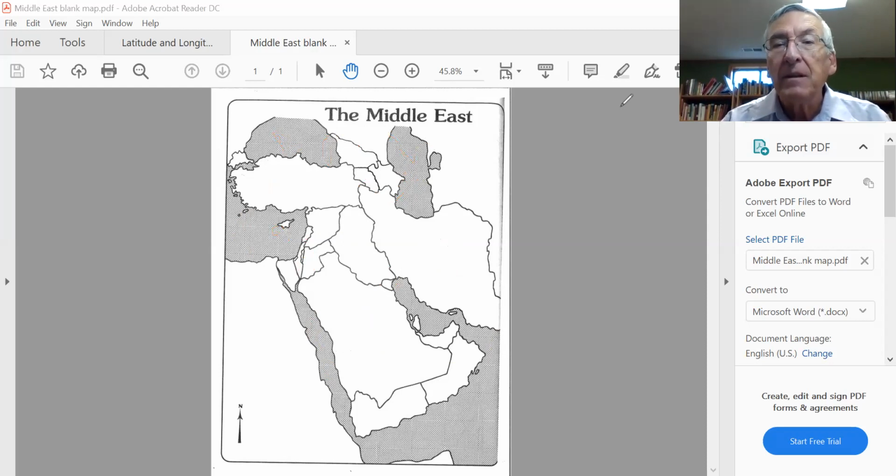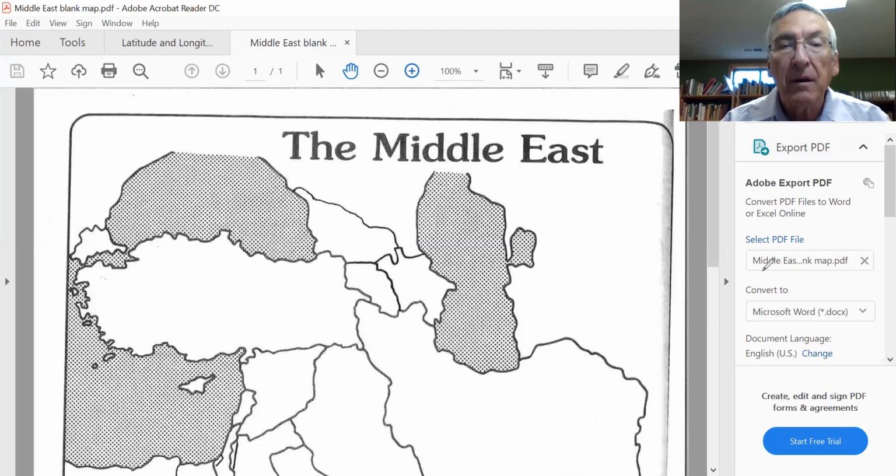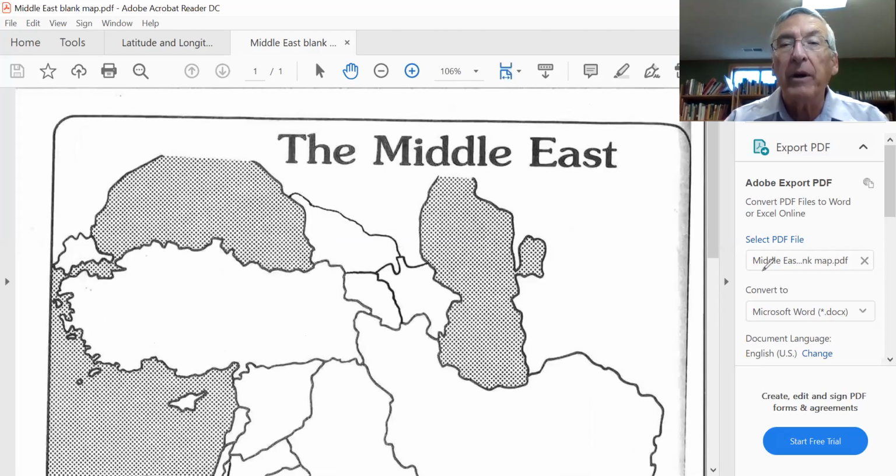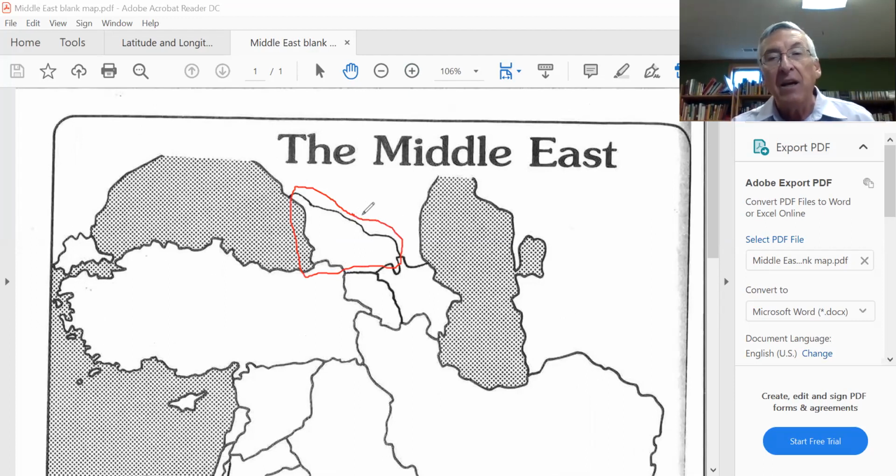Let's see, can I focus in a little bit? There we go. Okay, this one up here is Georgia. Yes, it is spelled exactly the same as the state in the United States.